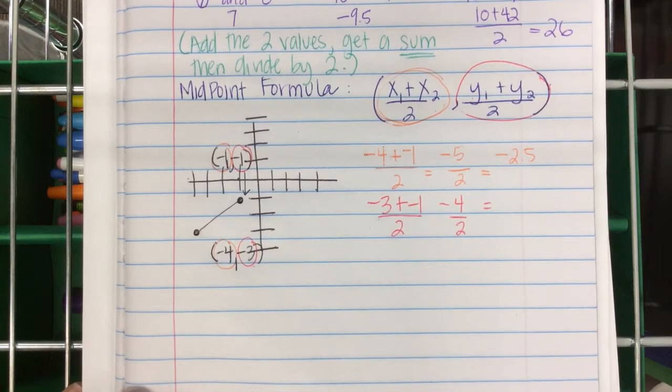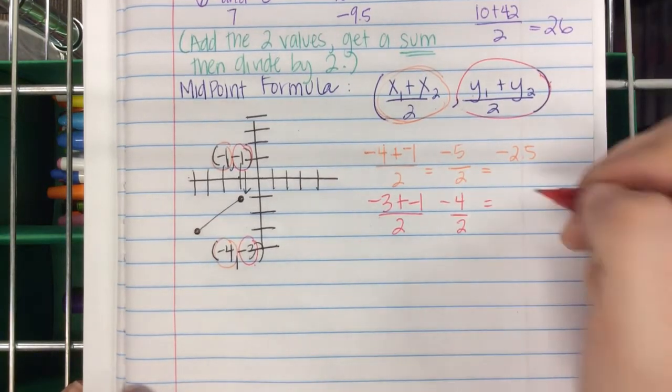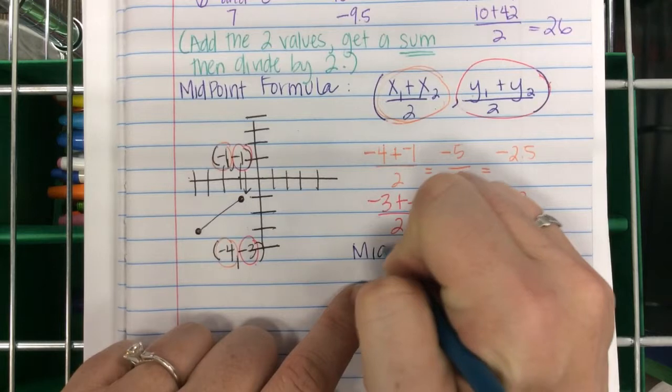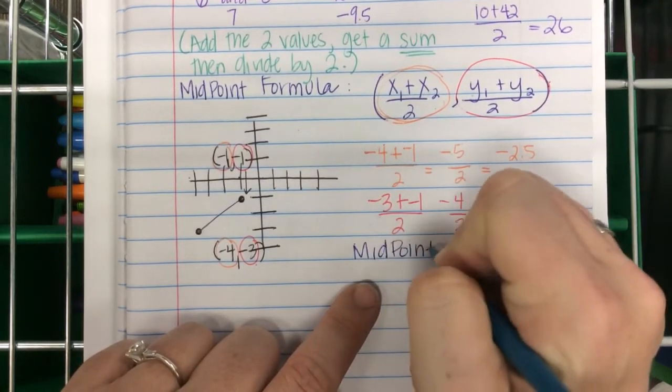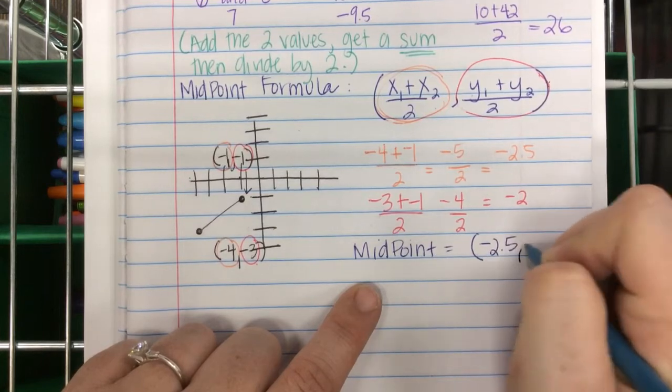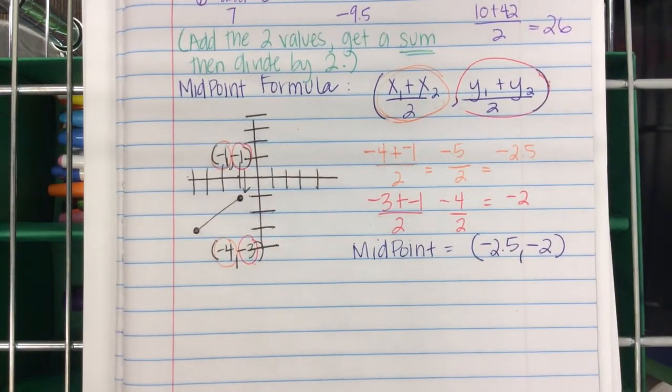Negative 4 divided by 2 is negative 2. So my solution, my answer, my midpoint is negative 2.5, negative 2. And you're done.